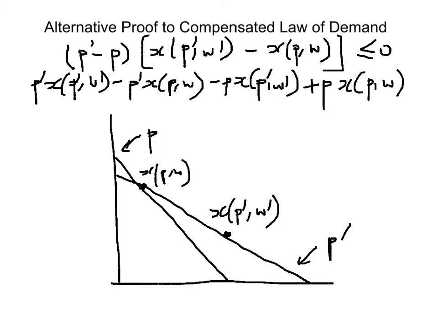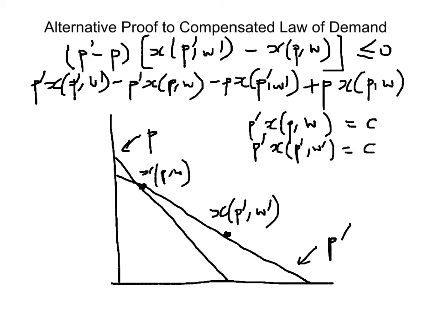So both the first bundle and the second bundle are on the efficient frontier at prices P prime, and the fact that they are both on the efficient frontier means that by definition P prime times the original bundle is equal to some constant, and P prime times the new bundle is also equal to some constant.